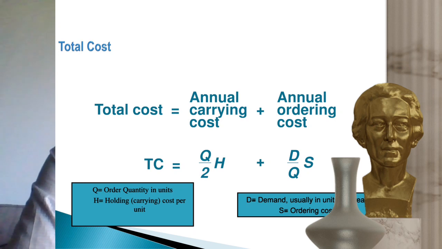Plus demand, your annual demand, divided by the quantity which you are ordering, and then multiplied by the ordering cost, the expense which will happen when you order this quantity. So total cost is equal to Q by 2 into H plus D by Q into S. You can read it at your own pace later.